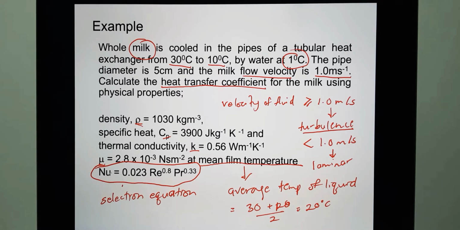So why is this equation, Nusselt equals 0.023 times Reynolds to the power of 0.8 times Prandtl to the power of 0.33, given to you? You need to refer back to the previous slide, whereby it is meant for the liquid flow, whether it is a laminar flow or a turbulence flow, and whether it requires heating or cooling process. So you need to move back to the previous slides.